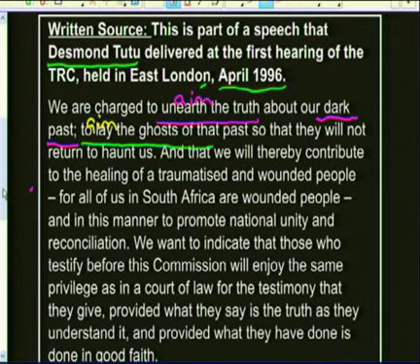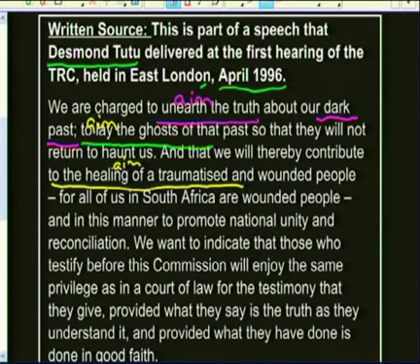And that we will thereby contribute to the healing of a traumatized and wounded people. See, that is another aim. So the healing of a traumatized and wounded people is another aim. So I'm quickly going to write on top of it that that was another aim of the TRC. So again, already we have 3 aims: to unearth the truth, to lay the ghosts of the past, and to heal a traumatized and wounded people.